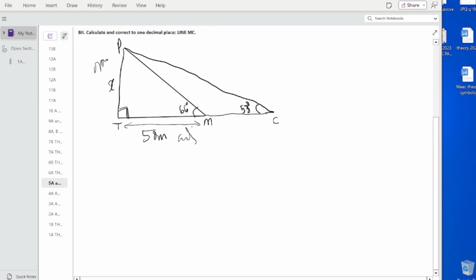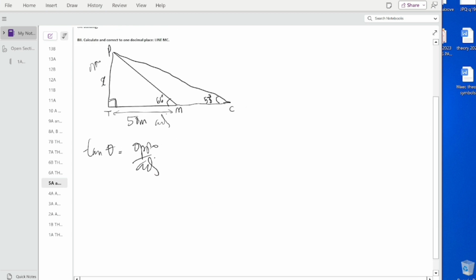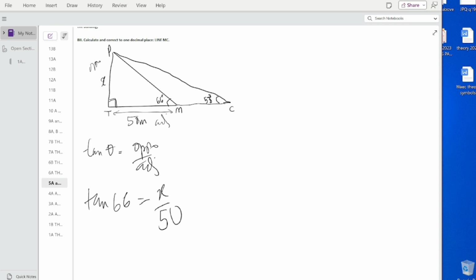The best that fits is tan theta that has opposite and adjacent together. So we say tan theta equals opposite over adjacent. So tan 66 degrees equals x over 50 meters. Our x is the opposite, which is unknown, which is also the height of the building, and our adjacent is 50 meters.